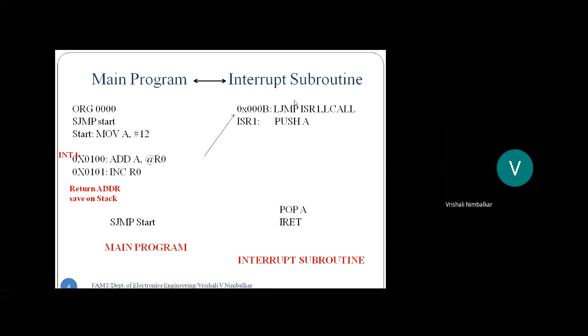So we preferably use LJMP to some label, and at that label we write the subroutine, the ISR. So this is how we manage with those addresses.